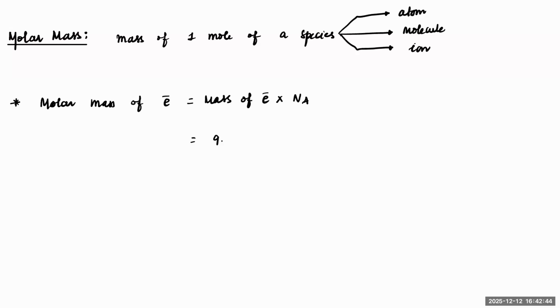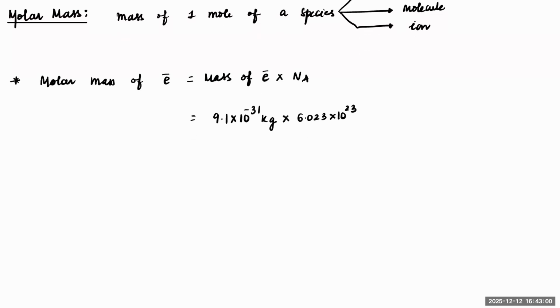Mass of electron is 9.1 into 10 raised to power of minus 31, if at all I write that in kgs, multiplied by Avogadro number is 6.023 into 10 raised to power of 23 per mole. Okay. So what I would get here is, if I remove this kg, the units I get is kg per mole. This is the value of molar mass. So the units generally for molar mass will be either gram per mole or kg per mole.